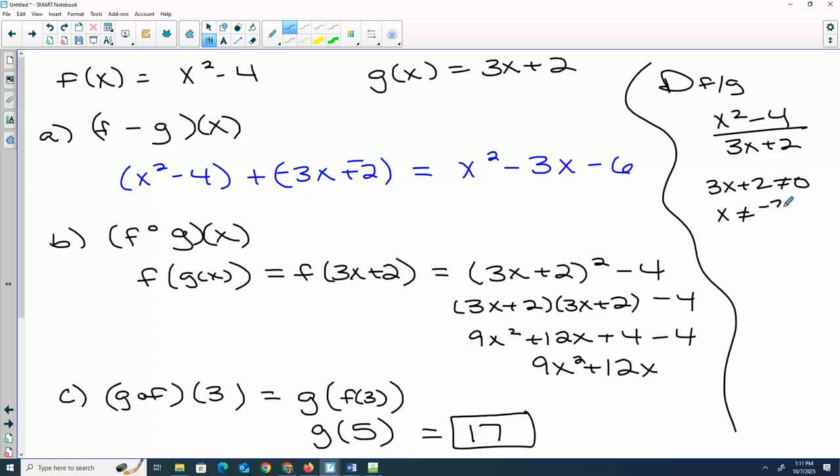So x can't be -2/3. And then you always write it as all real numbers except -2/3. We know how to do the compositions. We know how to do the domain of a square root.